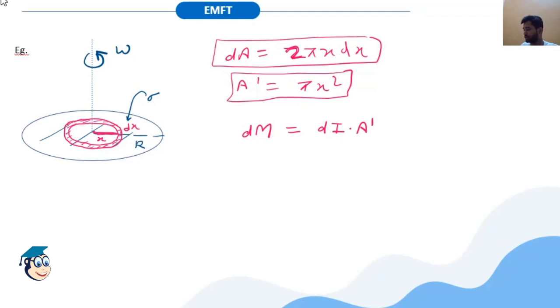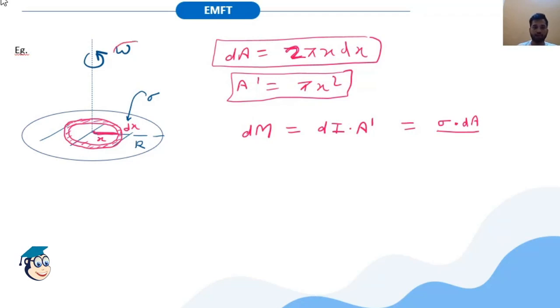So that di can be written as, we know for a surface charge density, if you multiply sigma to its area, you will get the charge. So di can be written as sigma into area, which is dA, and this charge should be divided by the time of rotation.